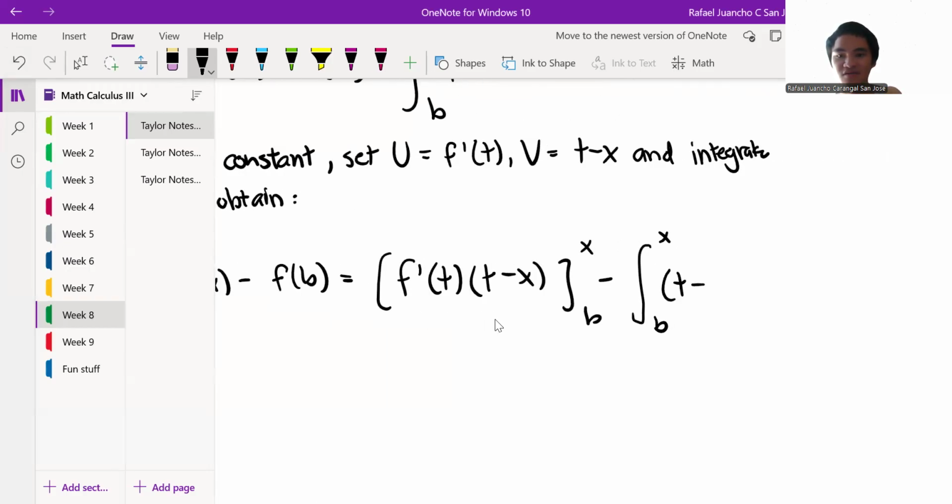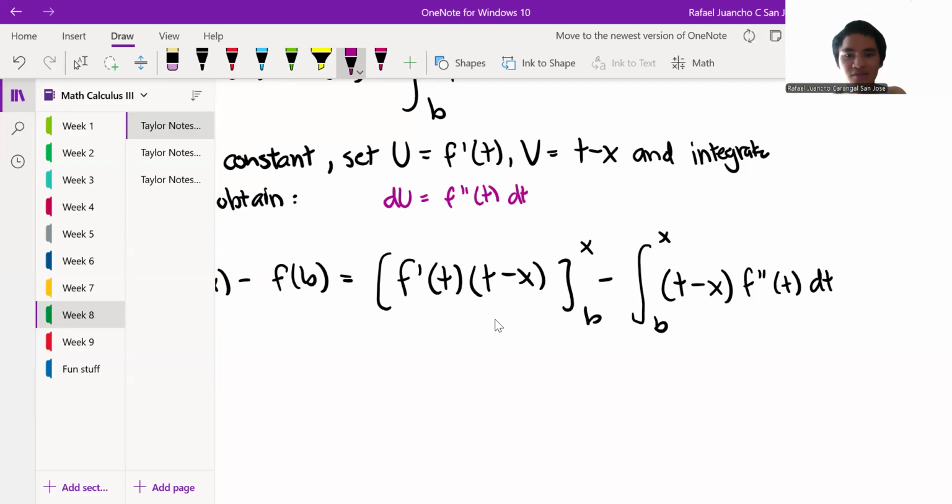So v, and the derivative of this thing is du, so f double prime, and then dt. Right? Let's actually write these extra things. So du is the derivative of this thing with a dt, then my dv.